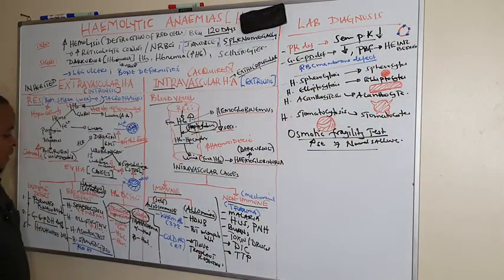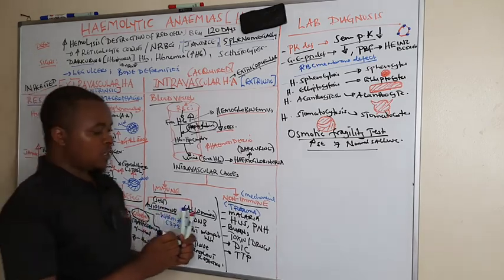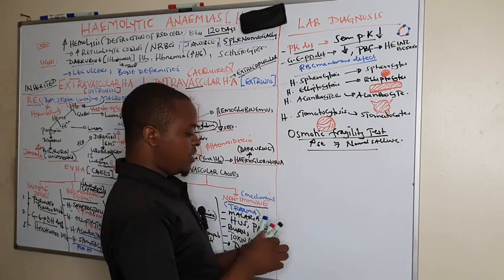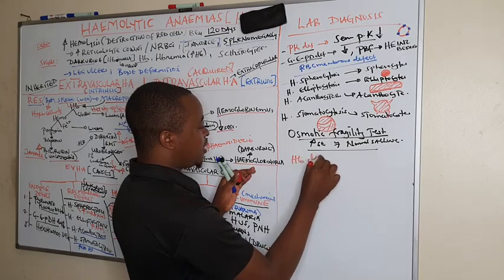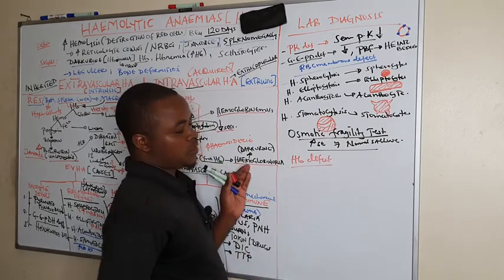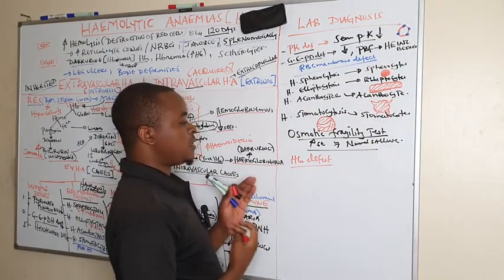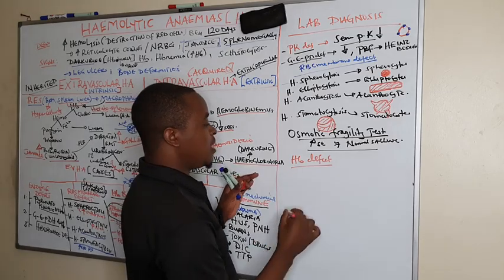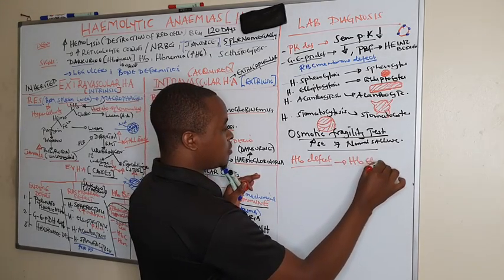And if the cause is due to hemoglobin defect, either due to hemoglobinopathies like sickle cell, or hemoglobinopathies like thalassemias, the test we can perform is HB electrophoresis.